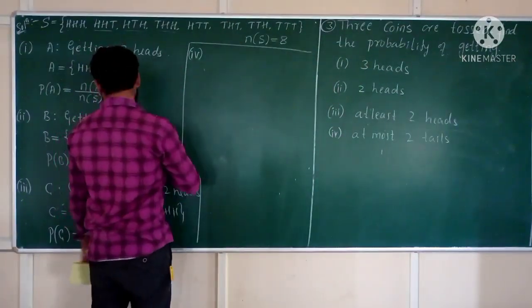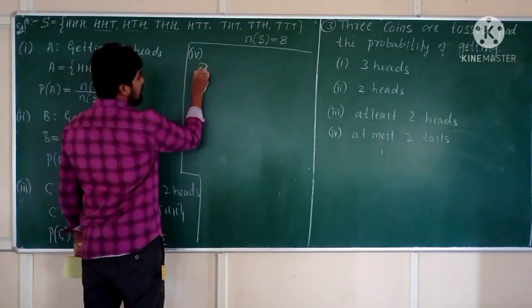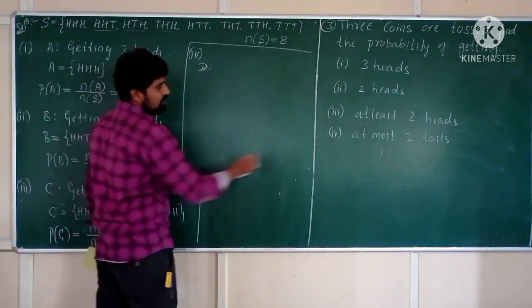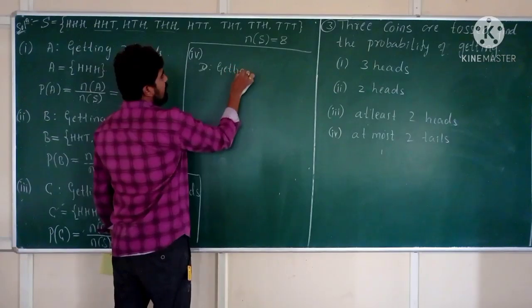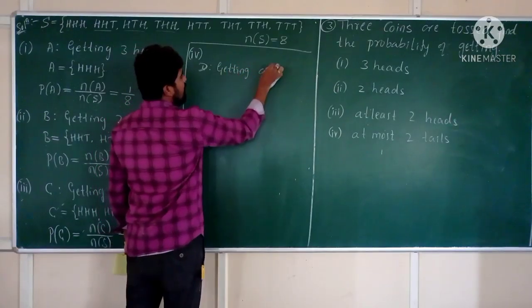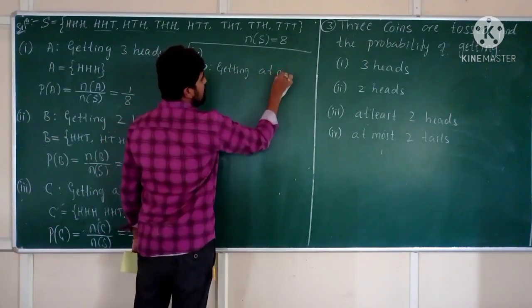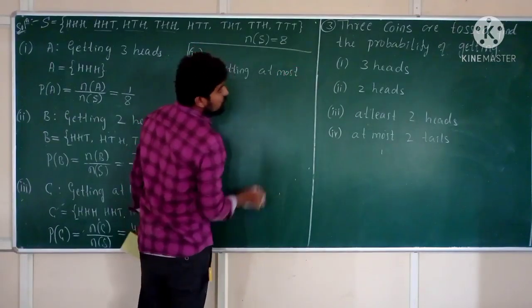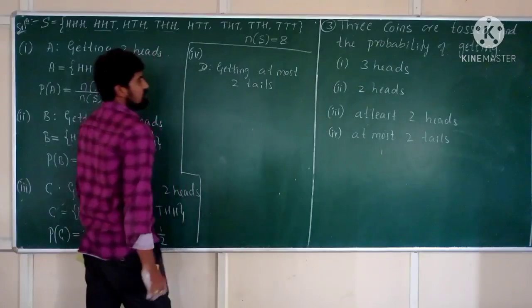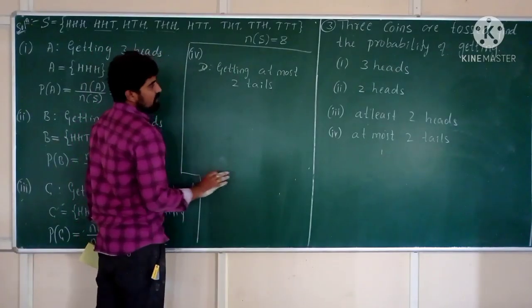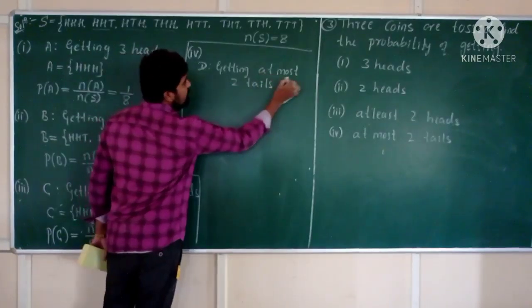So let us define the event. So D is an event defined by getting at most 2 tails. Therefore we need to write the outcomes which consist of at most 2 tails.